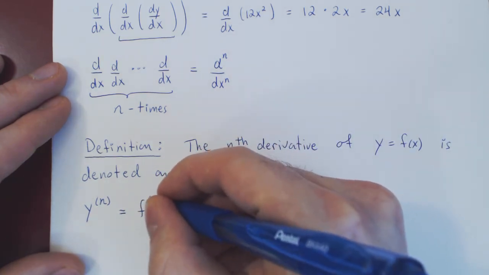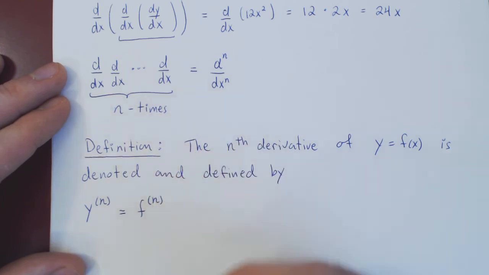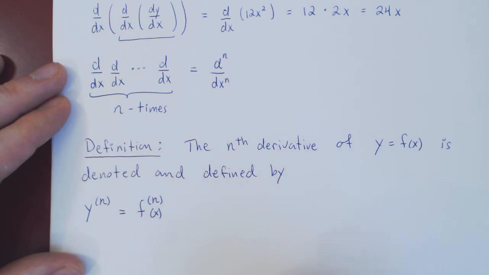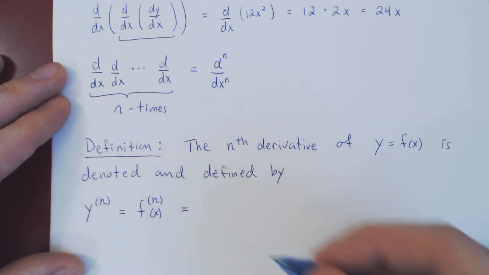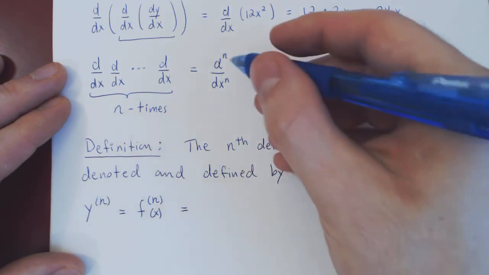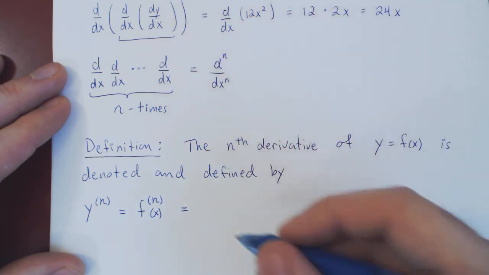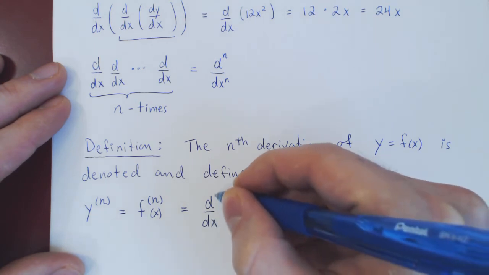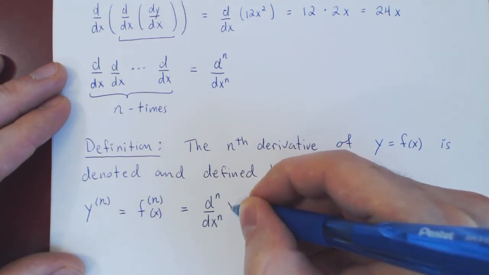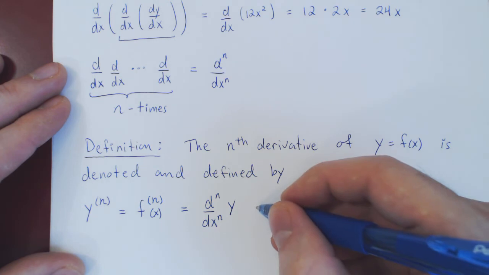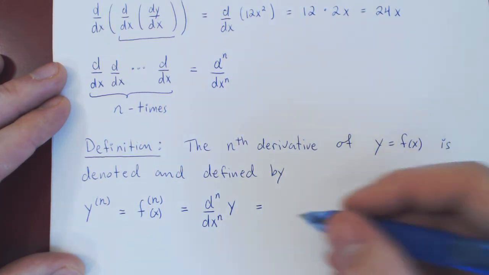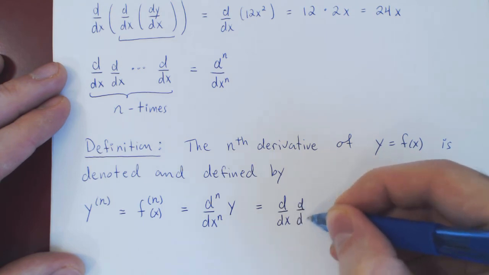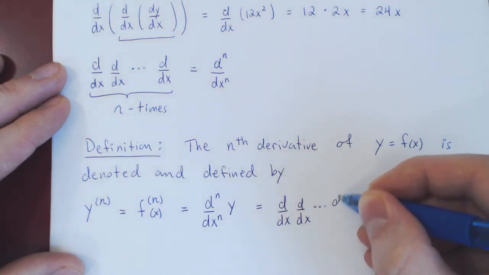F with exponent in round brackets n, differentiate f n times as a function of x. You can also write, of course, the derivative with this notation. So differentiate with respect to x n times the function y, which is now defined by, as we've said, taking the derivative of the function n times.